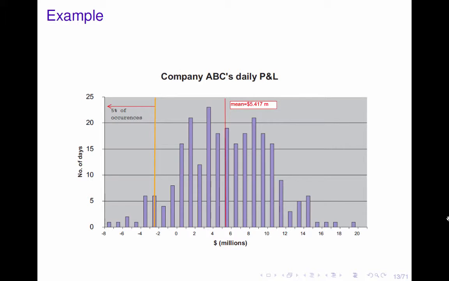Here's an example. The following diagram is the historical distribution of company ABC's daily profit and loss, where the horizontal axis is the profit and loss in $1 million, and the vertical axis is the number of days. That is, each rectangle describes the number of days for a particular profit or loss to occur within the time horizon of concern.